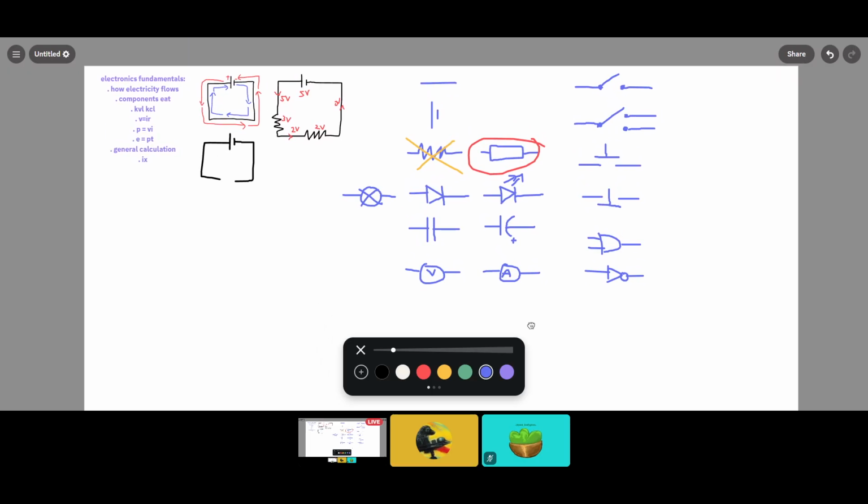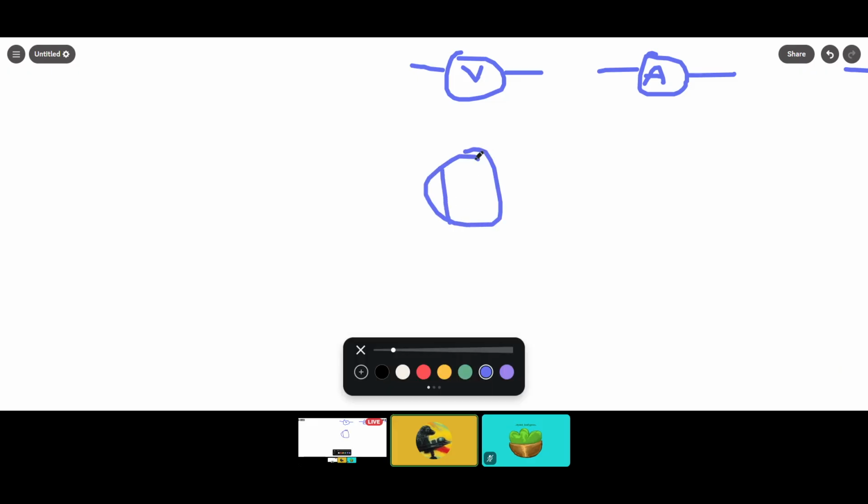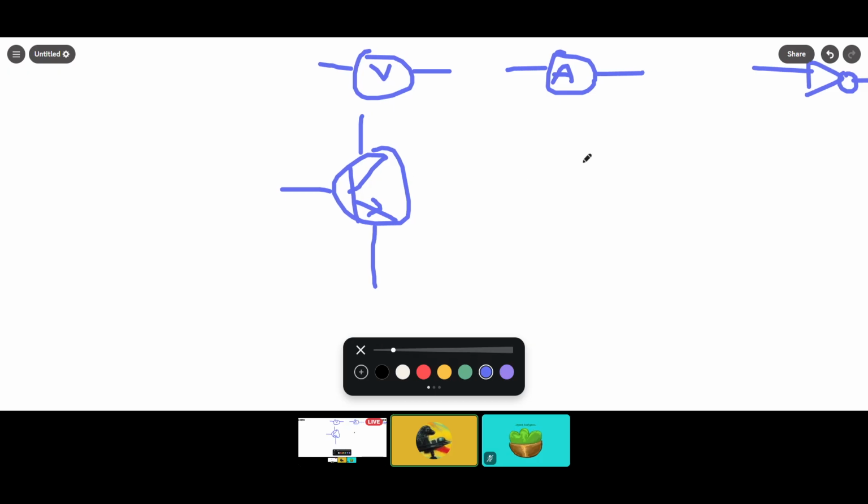Oh, I guess I should also talk about the transistor. There are two types, NPN and PNP. And it's very important that you properly draw them, because if you draw them carelessly, it could mean an NPN, or it could mean a PNP.